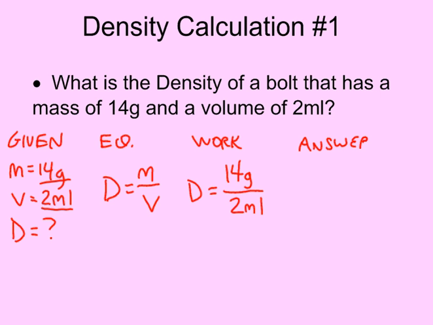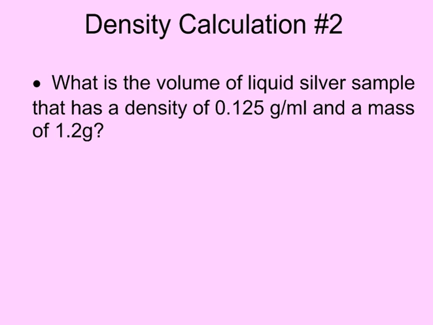Our answer with our unit is going to be 14 divided by 2, which is 7. And the unit, again for density, remember, for the unit we take the unit for mass divided by the unit for volume. So it's going to be grams per milliliter. So the answer would be 7 grams per milliliter.